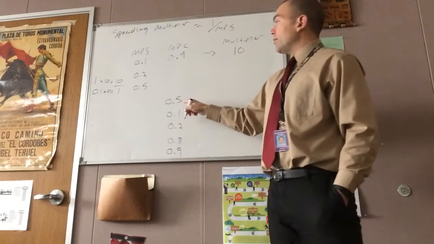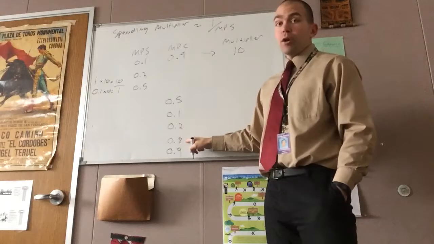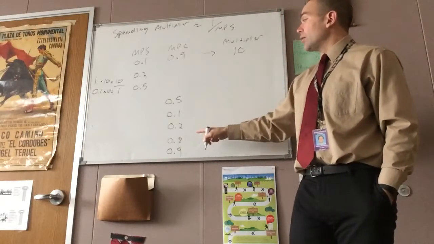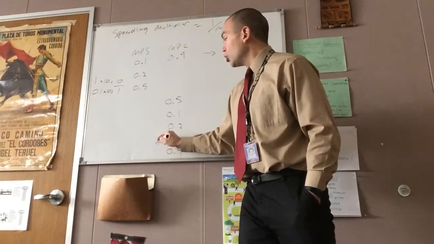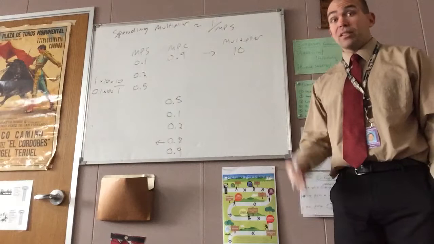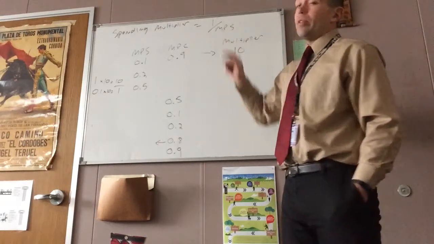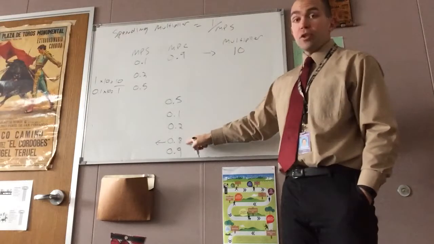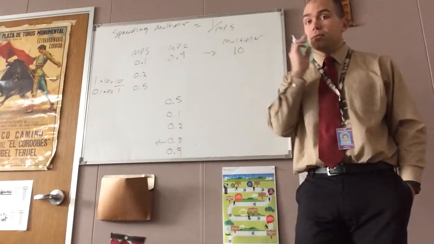Now, what if you are given, for example, the marginal propensity to consume, okay? If you're given the marginal propensity to consume, you can go back and get the marginal propensity to save, because the marginal propensity to save is what you need for the equation. So if it's 0.8, then what should the marginal propensity to save be?